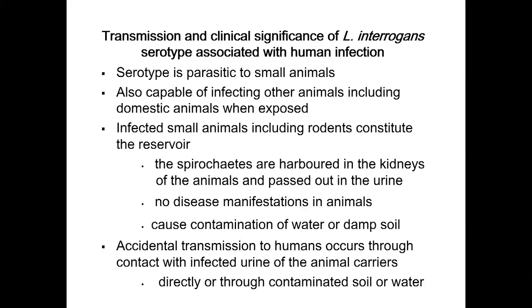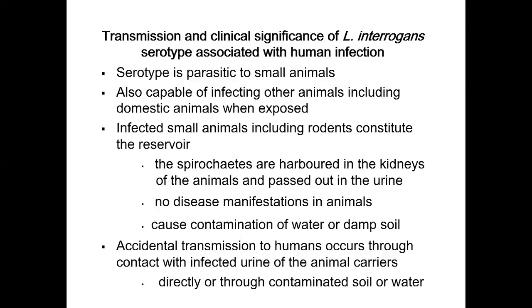So the transmission and clinical significance of Leptospira interrogans serotype that is associated with human infection. This particular one is parasitic to small animals, but it's also capable of infecting the bigger animals, other animals, including domestic animals, should they be exposed.